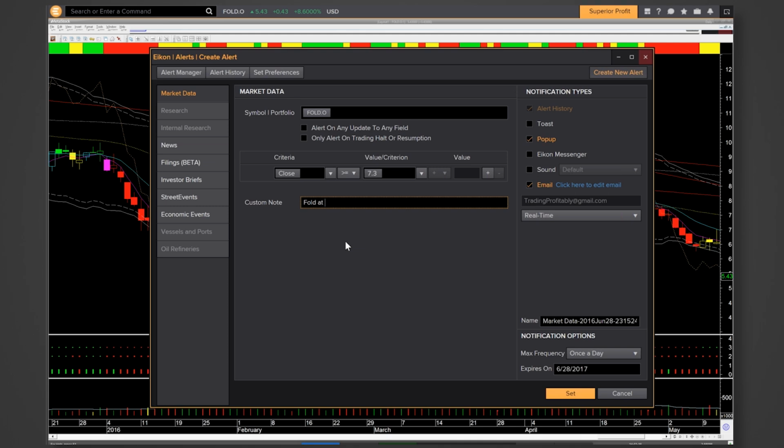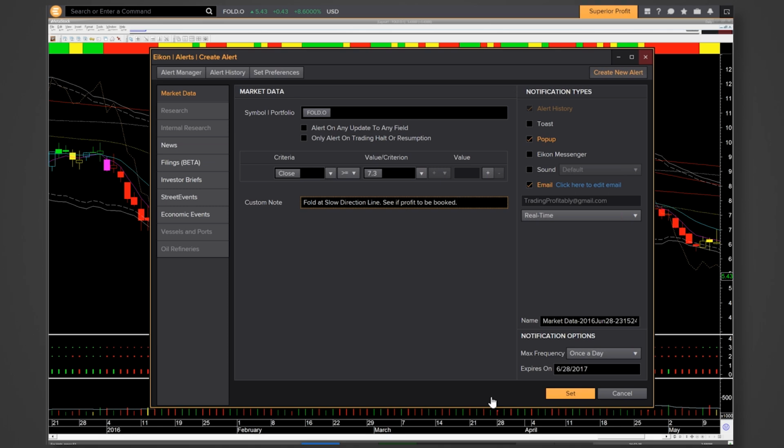And then you can put a custom note in the alert. So I can put an alert to myself that FOLD is at the slow direction line. In this case, it happened the very next day, but in other cases, it could take a few days.